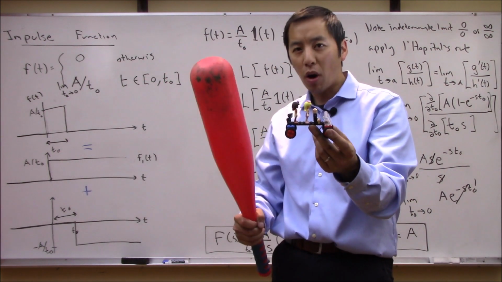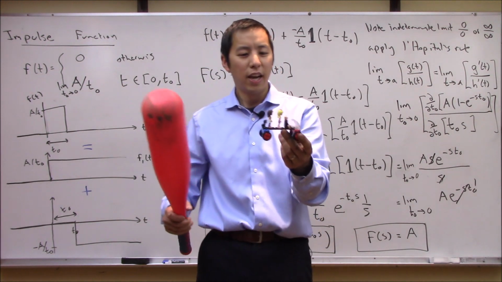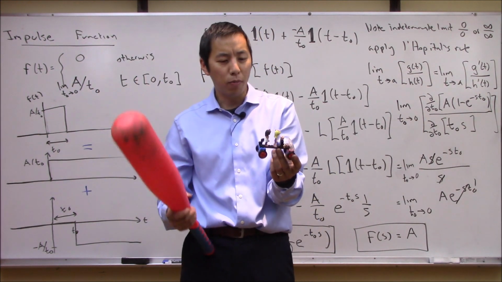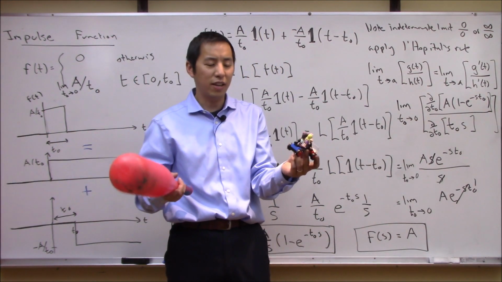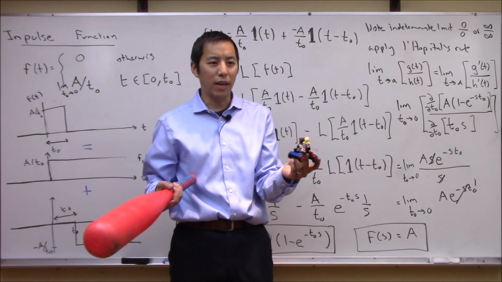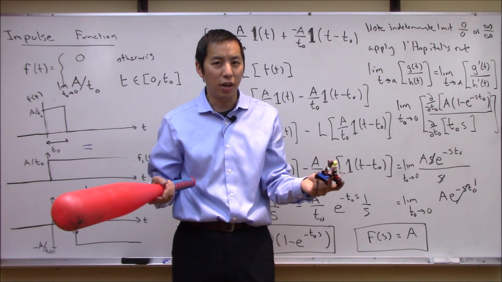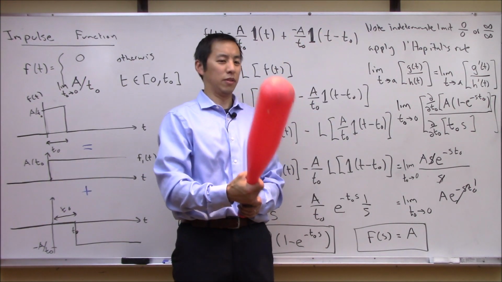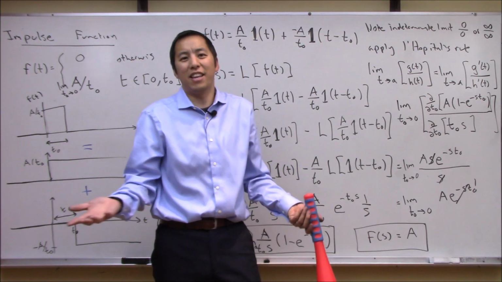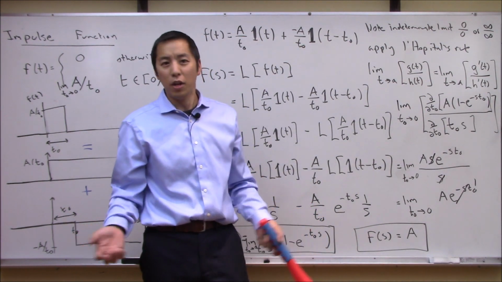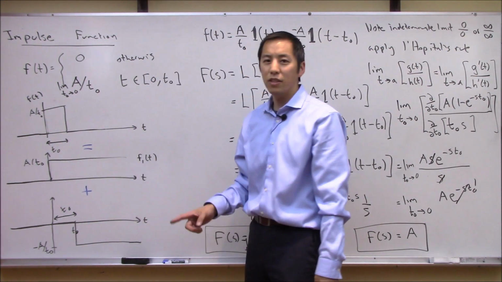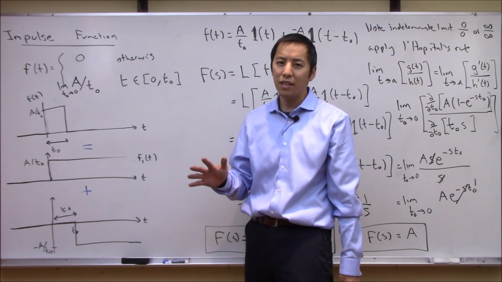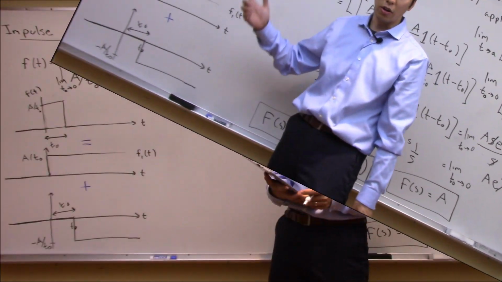That imparts a short burst of energy and force for a very short amount of time. You can see why this is kind of ridiculous from an engineering perspective. It's a nice mathematical concept, but if you were to do that to a real system, it doesn't really work very well. So keep that in mind. Impulses are not really physically realizable, but pulses are.